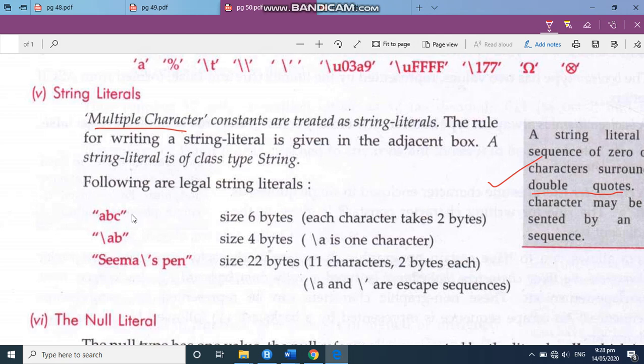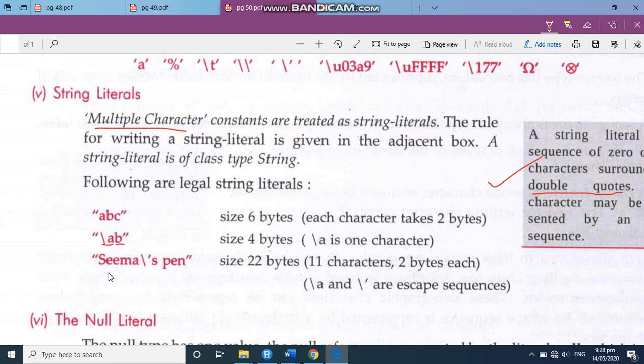Now if they ask you what is the number of characters here, 1, 2, 3, this string has 3 characters. How many characters here? Now this is an audible bell, this is the escape sequence and A, so this is treated as 1 and this is as 2, so there are 2 characters.